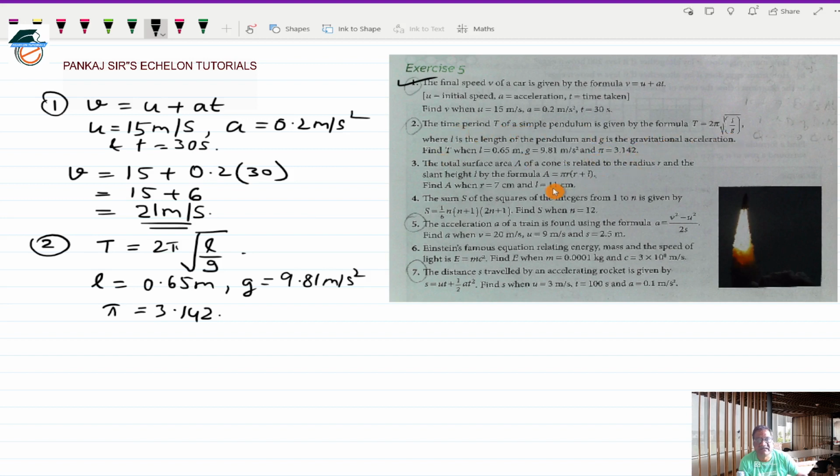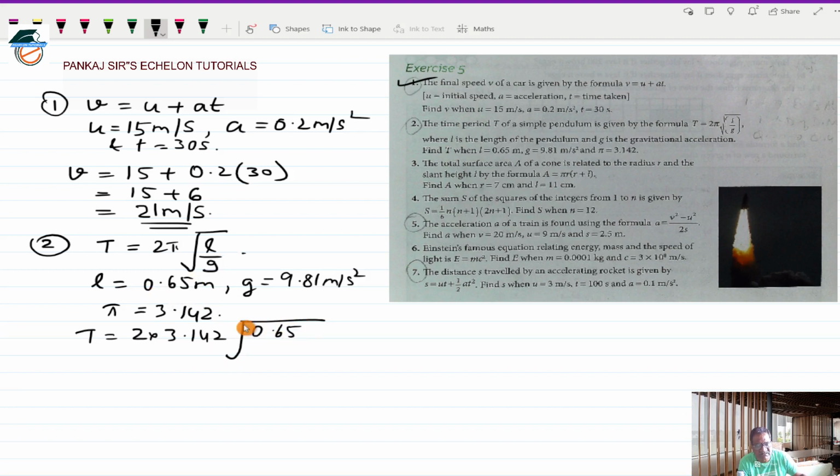So t will be equal to 2 times, instead of pi, I'll put 3.142, times square root of L upon G. L is 0.65 meter.